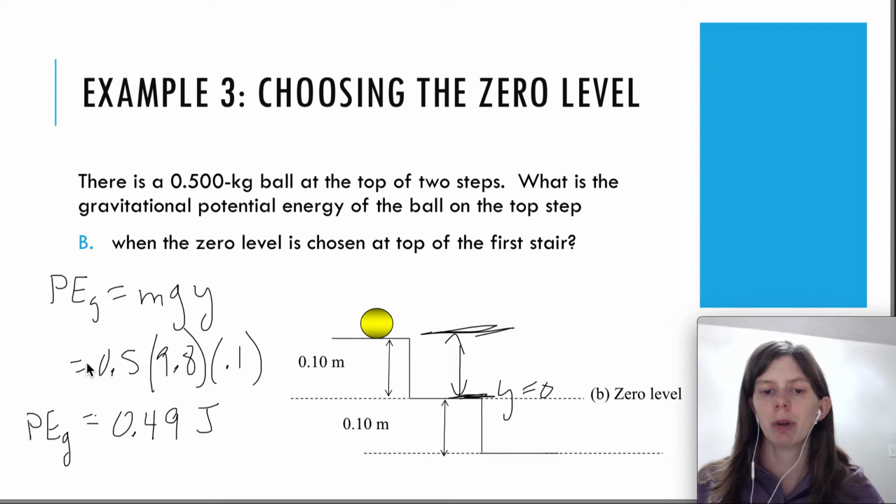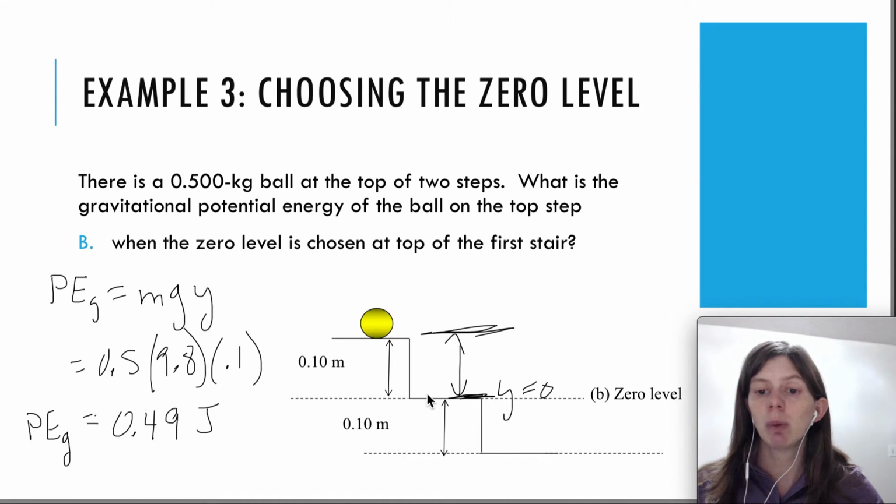So you may be wondering, well, what is the point of this? You said that we were usually going to pick the ground as the 0 level. Well, sometimes you don't care about how much energy it has relative to the ground. The reason being, without giving everything away, is that we're going to see that there's a relationship between this potential energy that we have, and let's say this ball was to fall down, there's a relationship between its kinetic energy.